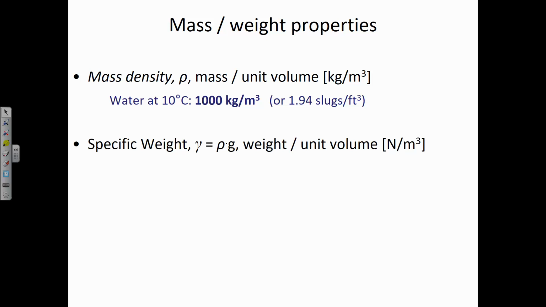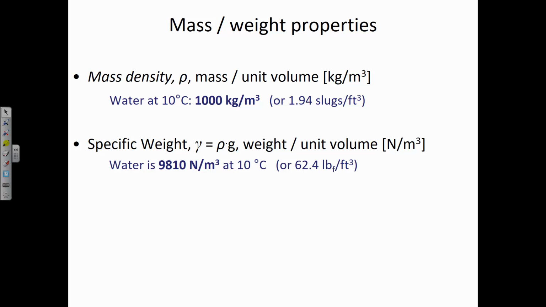Specific weight is related to mass density, except that instead of kilograms per cubic meter, we're talking about how many newtons of force are exerted by the fluid per unit volume. Using water as an example, water has a specific weight of 9810 newtons per cubic meter.